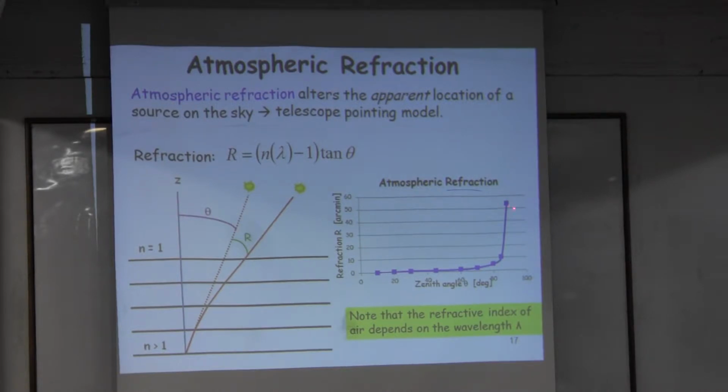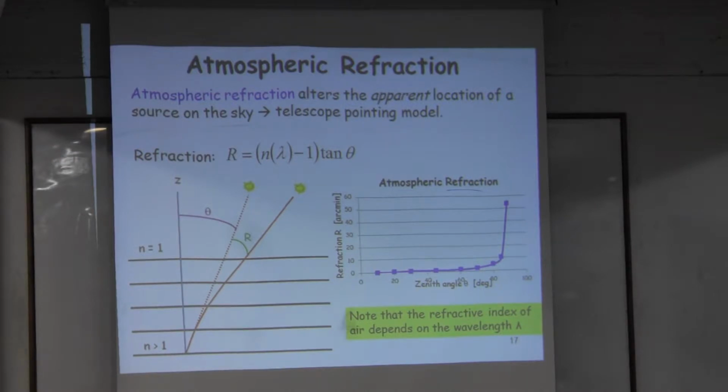And yeah, this is of course important to know about because big telescopes usually have small fields of view. So if you don't know about this and you point your telescope, you will not see your source because it's somewhere else. But the good thing is that most telescopes know about this. This is a very simple mathematical form.